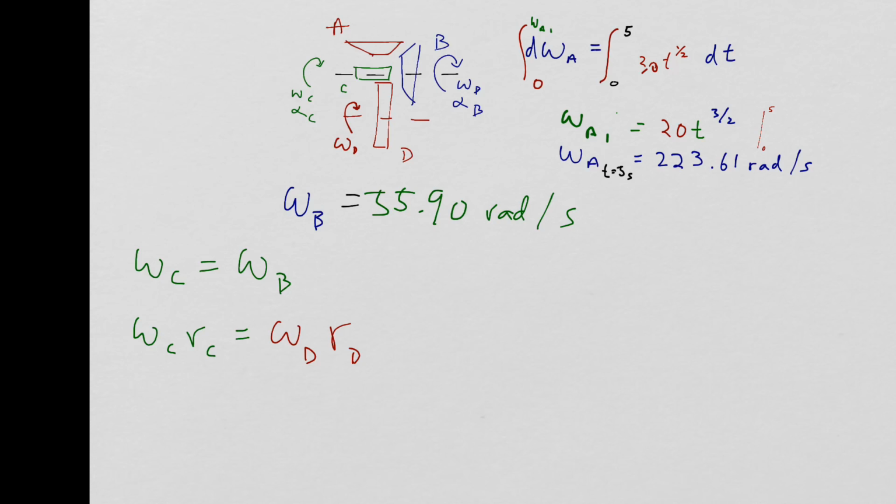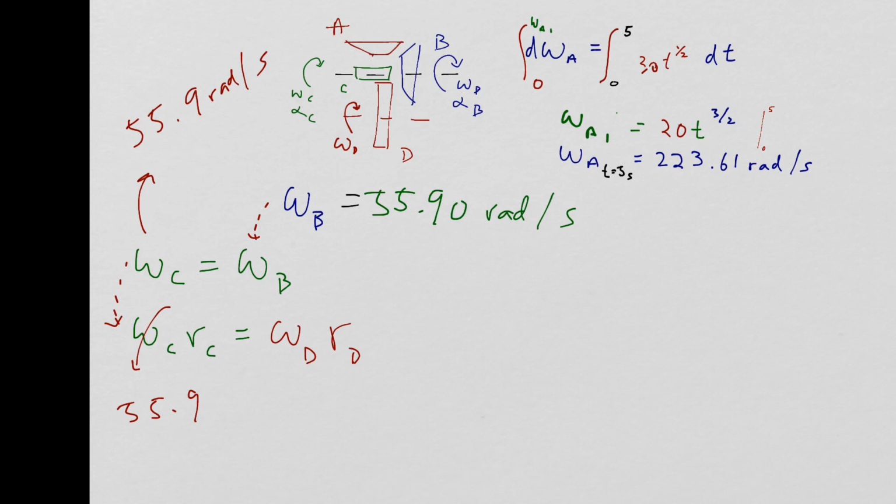So, second step, once we got our omega B, so insert into there, and then it tells us that omega C actually is also 55.9 radians per second. So if we know that omega C, then this will be easy for us.